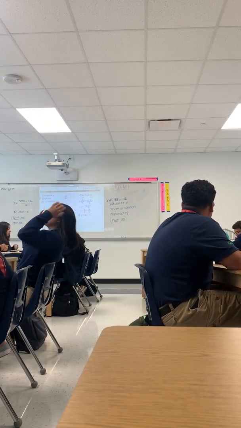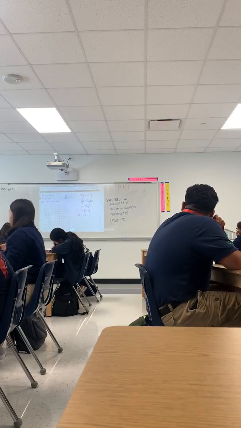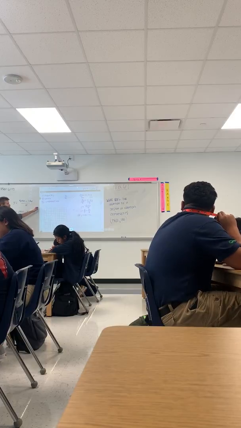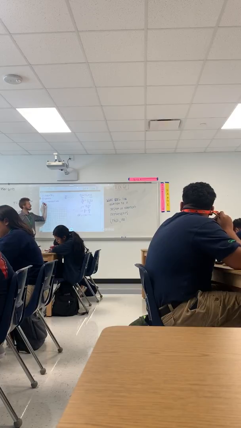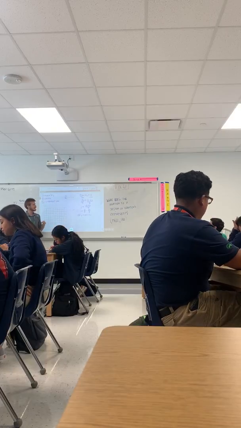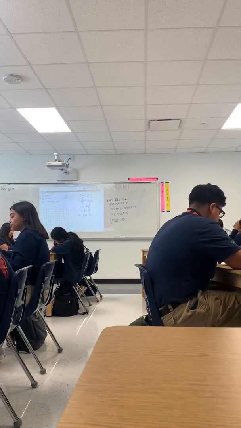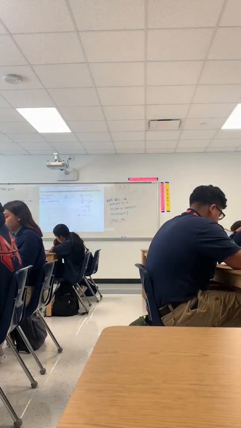I originally was going to have you do that, but that takes too long, and it's not actually what we're working on today. It's more important that you are able to analyze the graph, as opposed to just copying down points. So take the next minute to graph these two equations if you haven't already. Find the intersection point and tell me the answer. So what's the solution? You have 60 seconds.